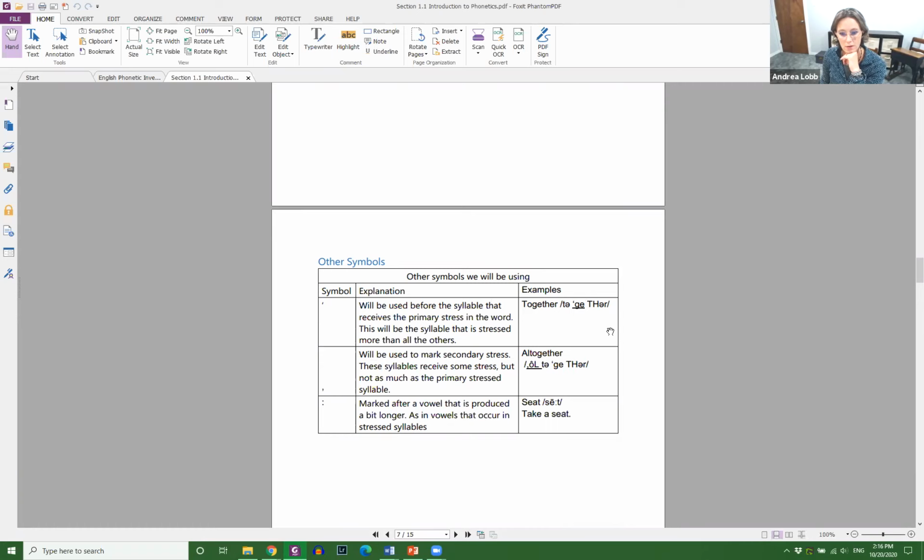Together. It's going to be right before the syllable that you stress. Sometimes you'll see these other symbols used, like a lower one being secondary stress. All together. But primarily you're going to pay attention to this upper one.